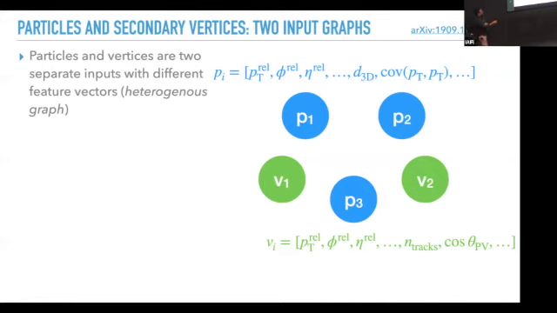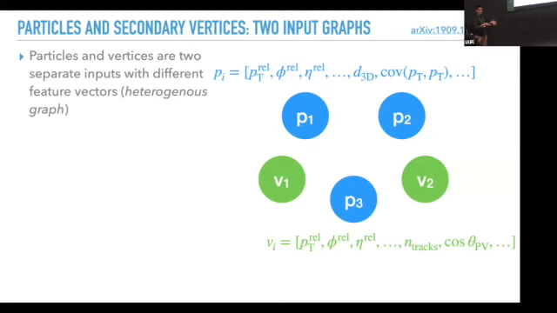Or if we are interested in uncertainties, we often have uncertainties that we can approximate from the way we measure the track parameter. So this is a covariance matrix entry, which basically tells you how well you measured the transverse momentum of this particle. At the same time, we also have secondary vertices, which have a different set of features.